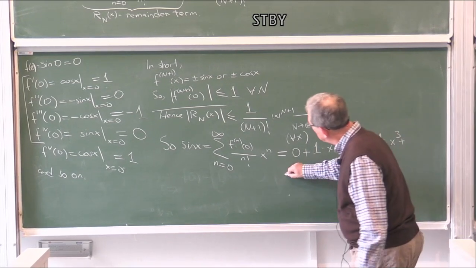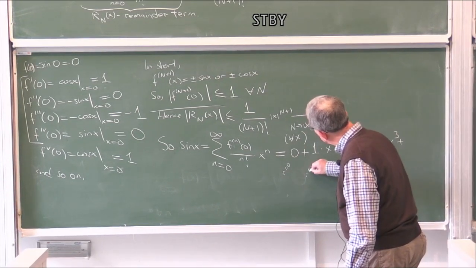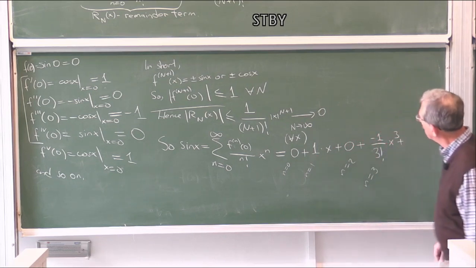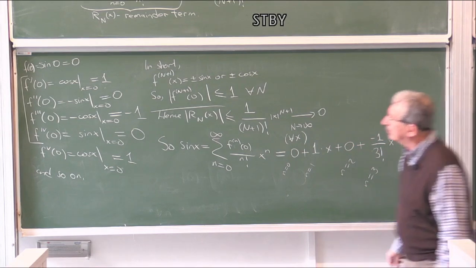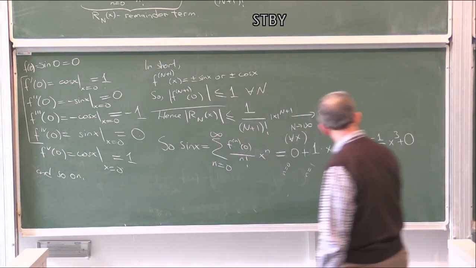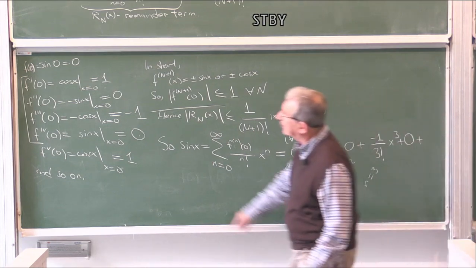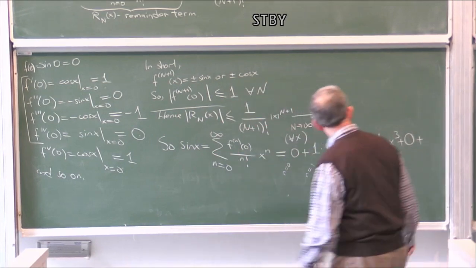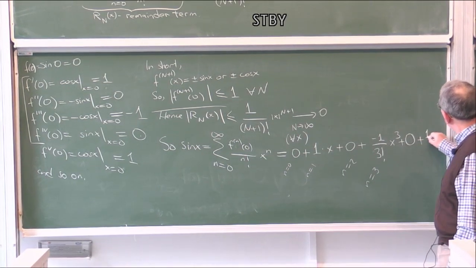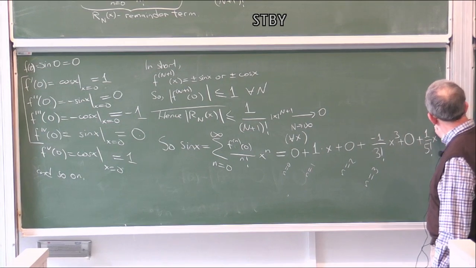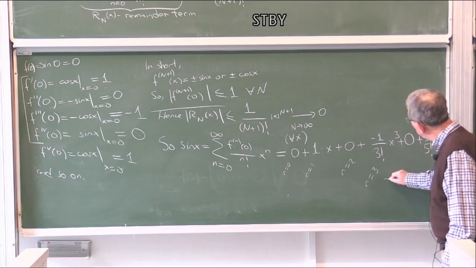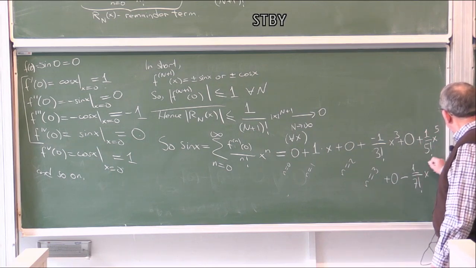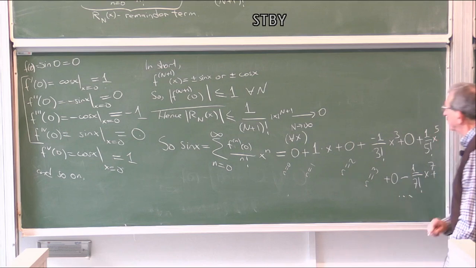With 4, you also have 0, because the derivative is 0. With 5, you go back to the first one, so it goes 1 again. So you have 1 over 5 factorial x to the 5th, and it continues like that, and so on.